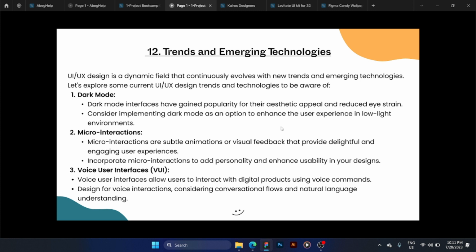Right. So another thing is micro interactions. I'm sure you guys are learning superbly. Micro interactions are subtle animations or visual feedback that provide a delightful and engaging user experience. Incorporate micro interactions to add personality and enhance usability in your designs. These are things like hovering.